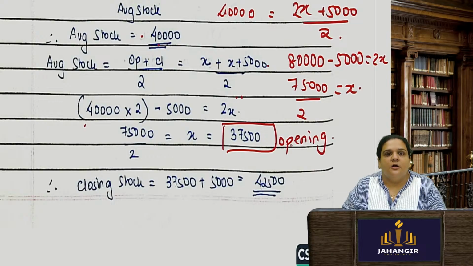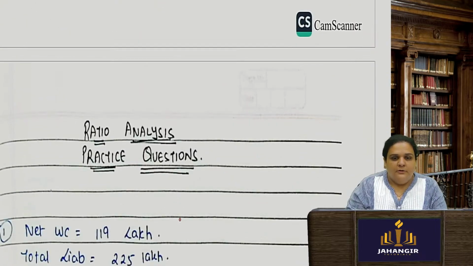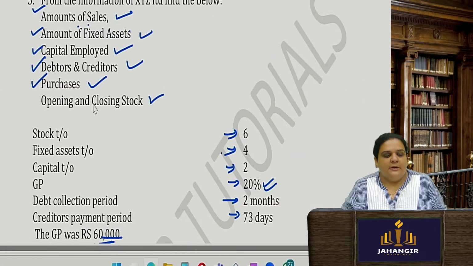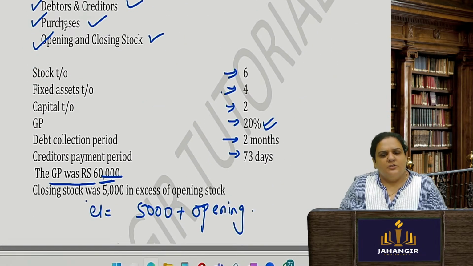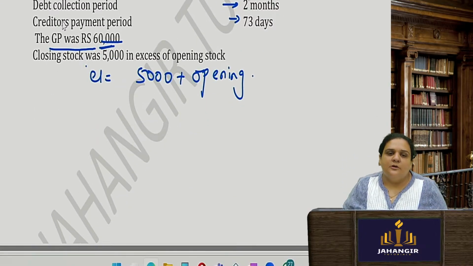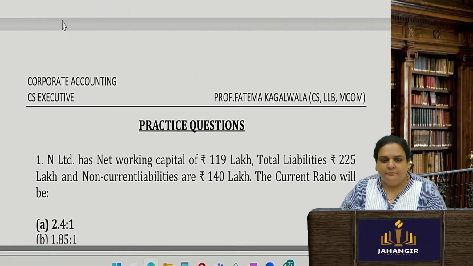Therefore closing stock will be 37,500 plus 5,000, which is 42,500. So question number 5 is also done: opening stock, closing stock. All this we have to use in order to find the answer.